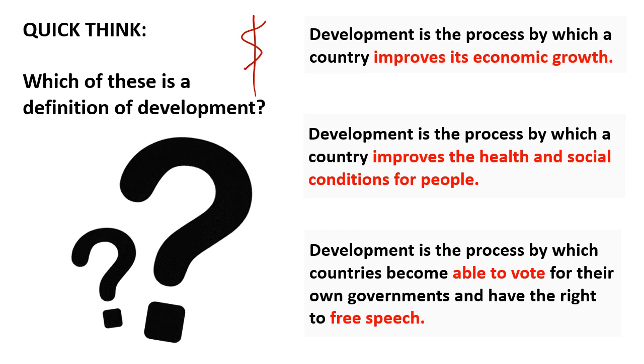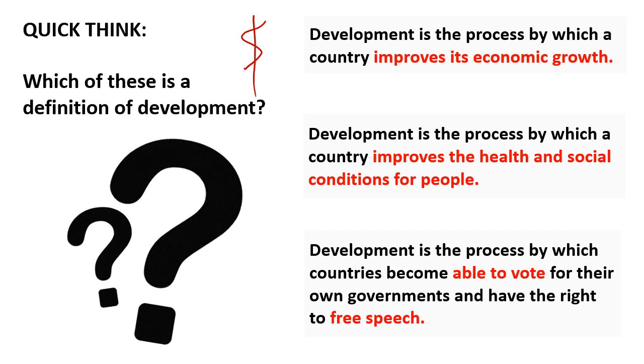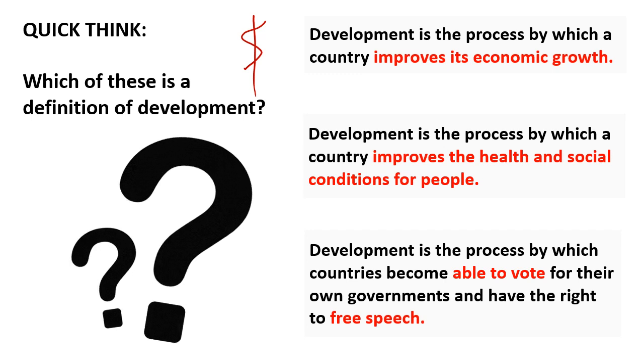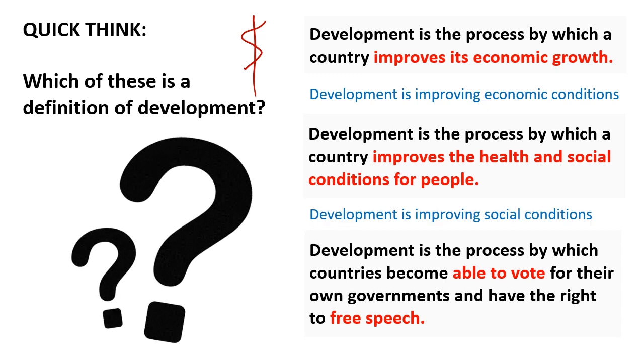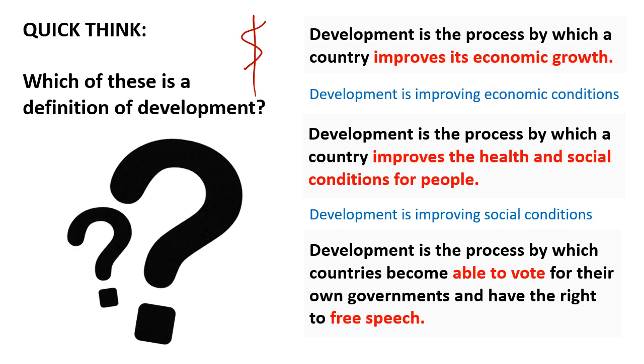Well, actually this was a trick question, because development, when we're referring to development in reference to countries, actually refers to all three of these processes. Development is about improving the economic employment conditions of a country and the wealth of a country. It is also about improving the social conditions, such as healthcare and education.